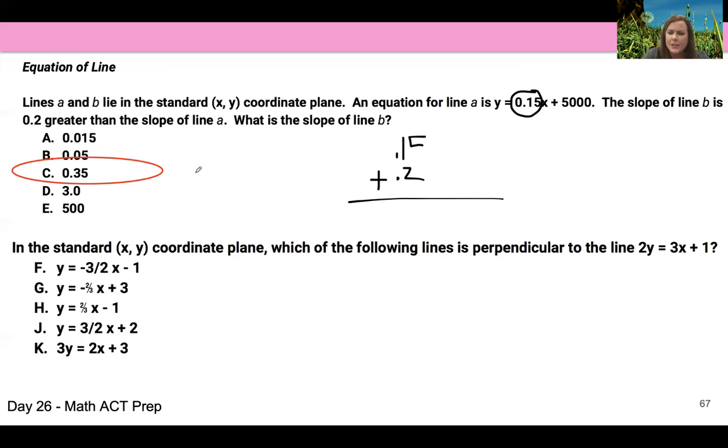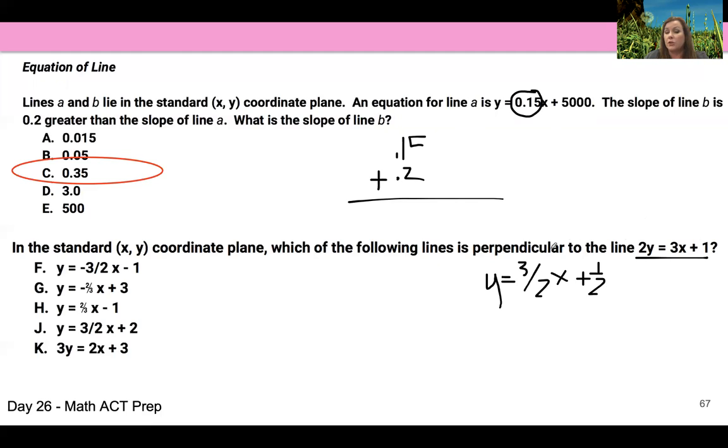Now I'm going to show you these other ones because they're really good to know for the ACT, but more importantly for geometry class. Here they're asking which of these lines is perpendicular to the one given here. We need to divide both sides by 2 so that we get it in true y equals form. So we get y is equal to 3/2 x plus 1/2.